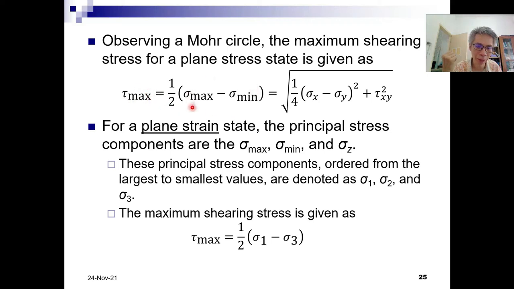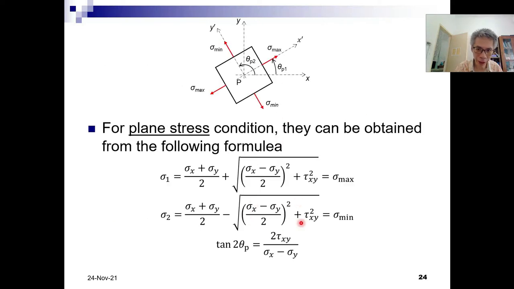Okay, so the difference between sigma max and sigma min, one half the difference. And indeed, this equals this one. So this is actually the maximum shearing stress, the square root of this one.